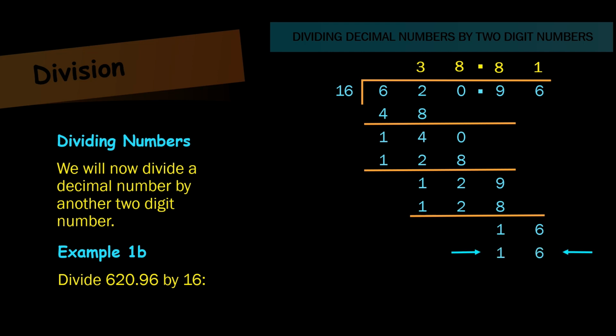So position the 16 here, and then subtract, as shown, to give 0, and that's positioned as shown. We now stop dividing when we get a 0 remainder. So 620.96 divided by 16 equals 38.81.